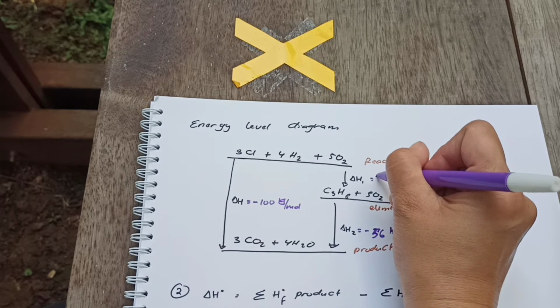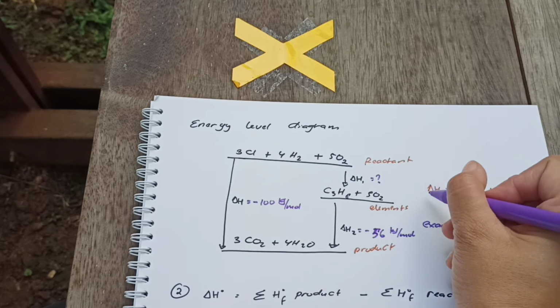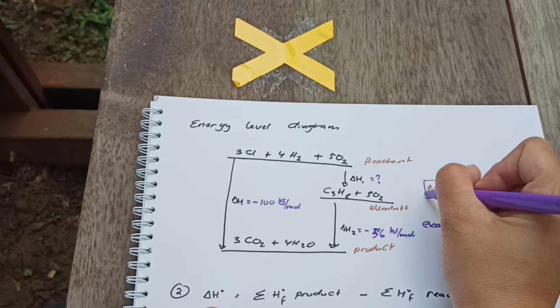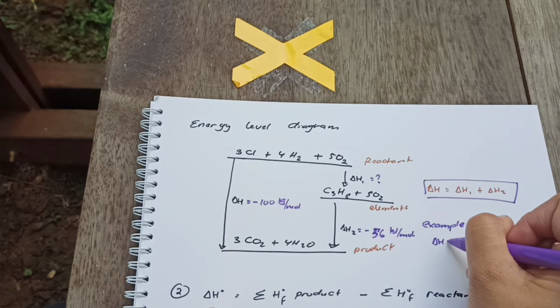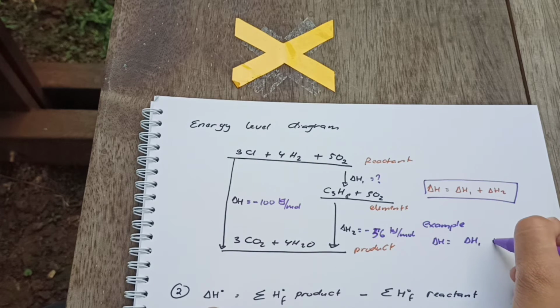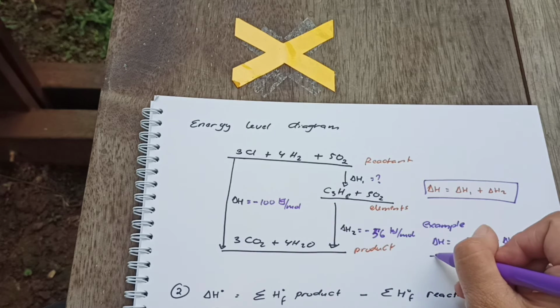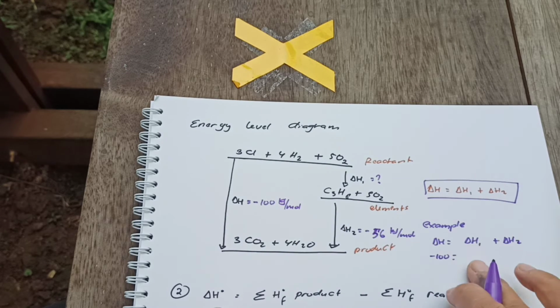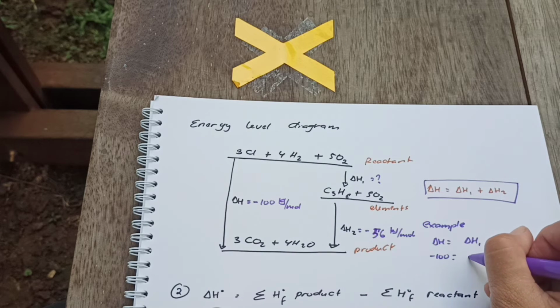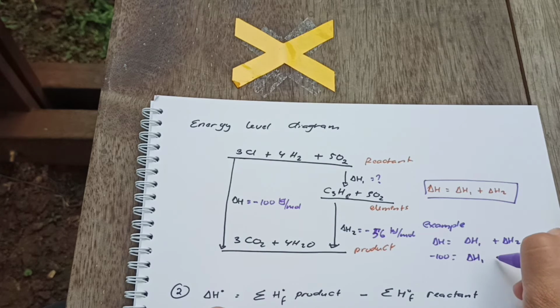So how much is this? Using the same formula, delta H equals delta H1 plus delta H2. So you will put minus 100 here, equals delta H1, the one that we are asking for here, plus minus 56.